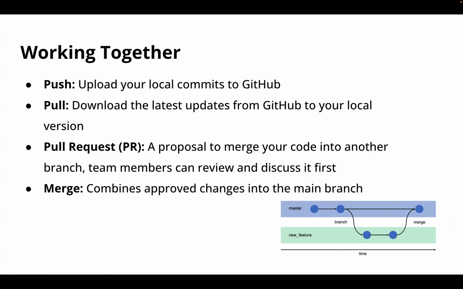You could create a pull request, which a lot of people call PRs. That's a proposal to merge your code into a branch, where team members can review it before it gets merged into the actual repository. And a merge combines approved changes into the main branch of the remote repository.